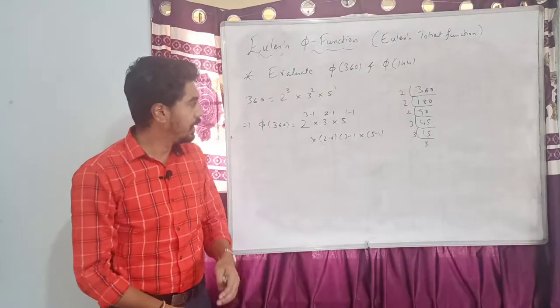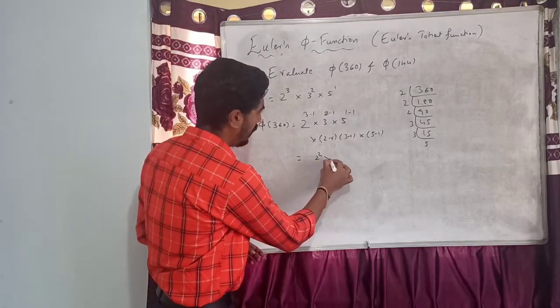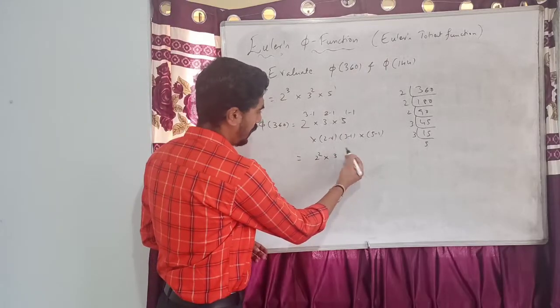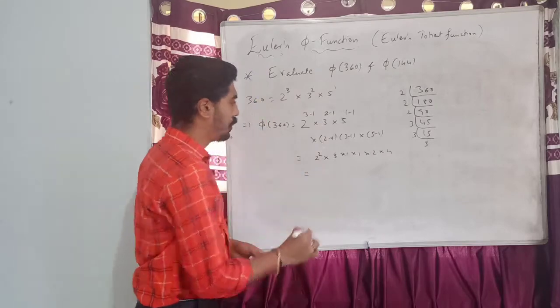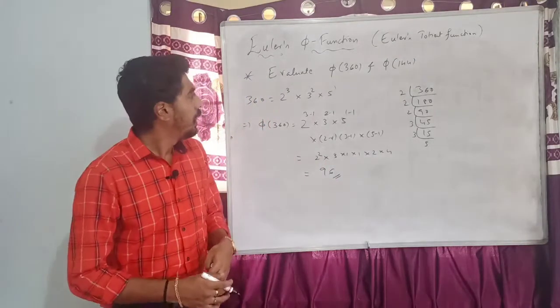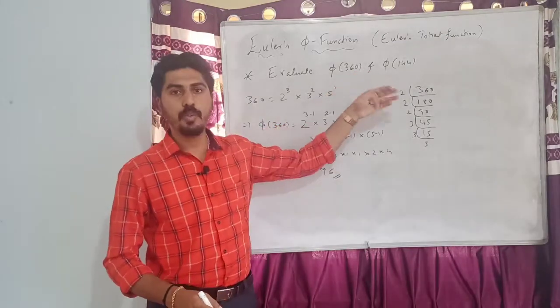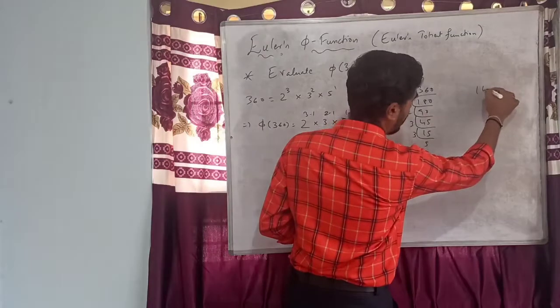This is using the above formula. We get here 2 square into 3 into 1 into 1 into 2 into 4, which is equal to 96. Okay. Now to find out phi of 144, first we should know the prime factorization of 144.